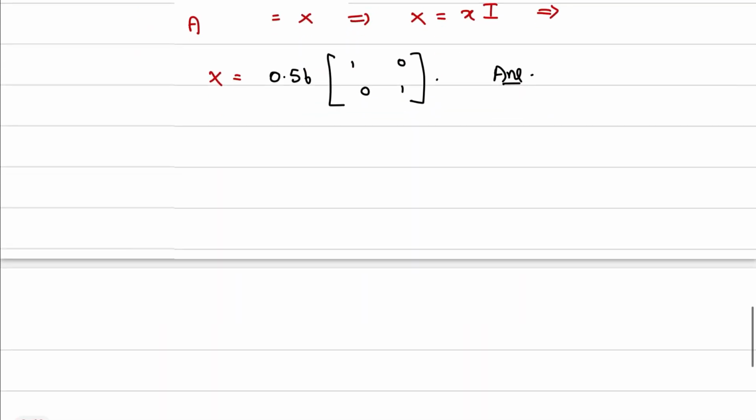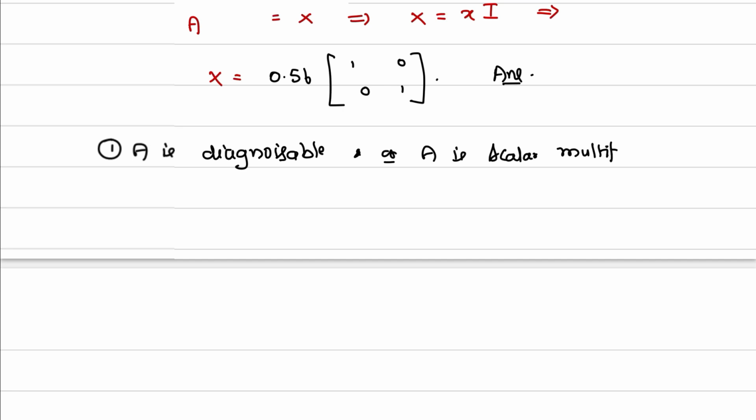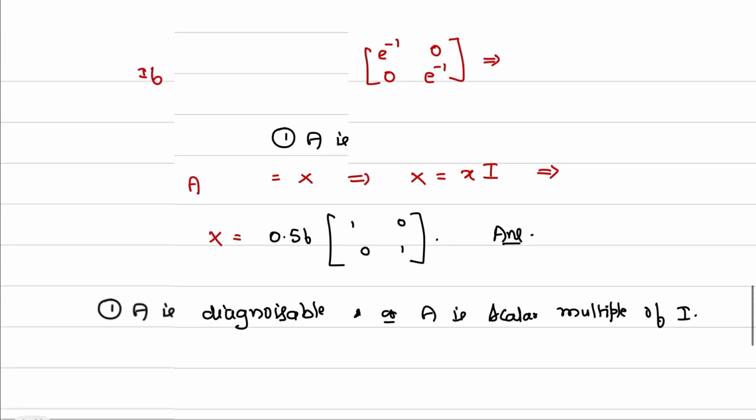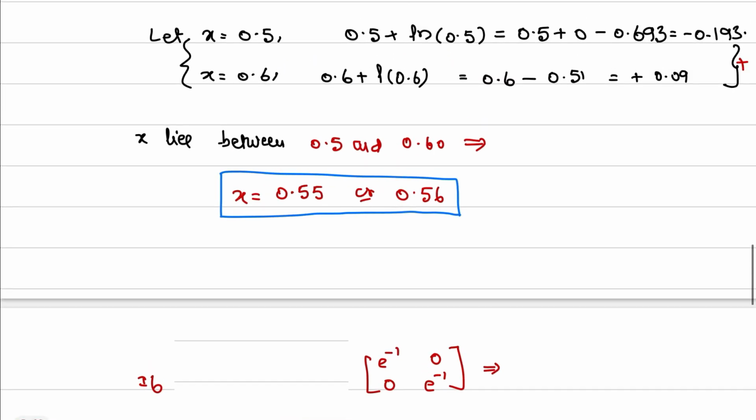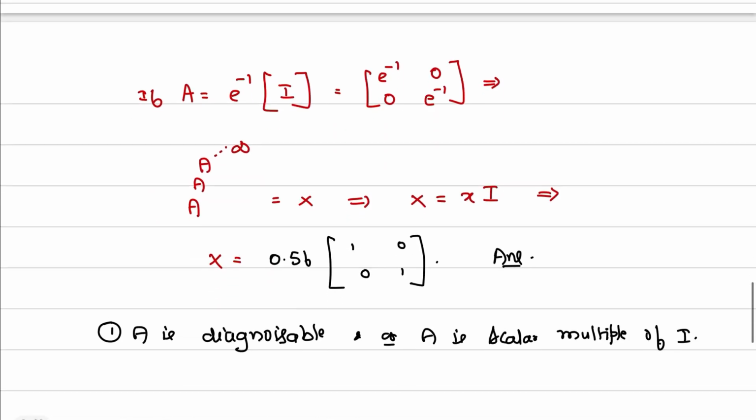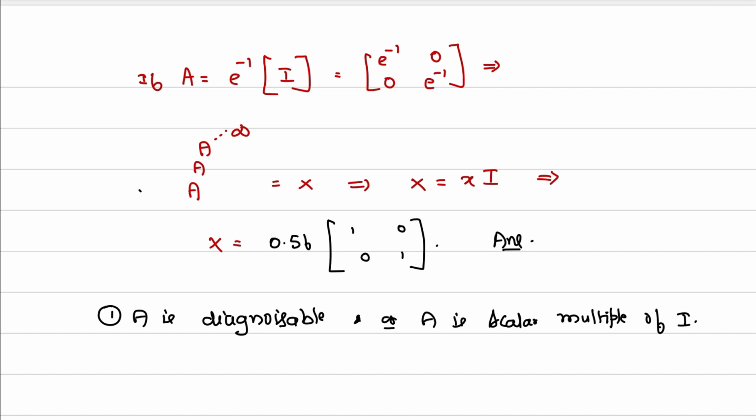Provided A is diagonalizable, or A is a scalar multiple of I. You just see here.